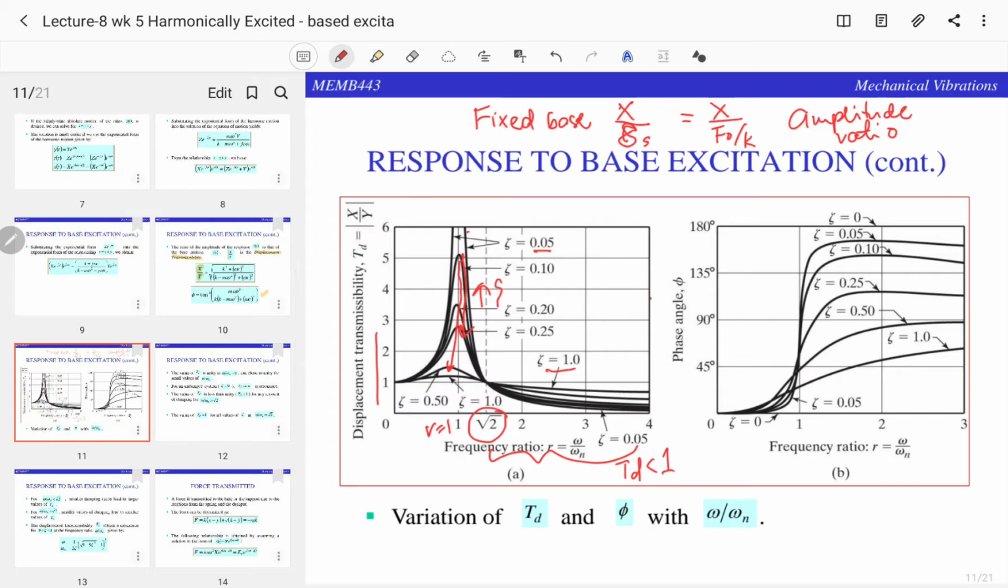For the phase angle, there is also an inflection point here, but it's shifted a little bit. Last time it was at 90 for fixed base, but for this base excitation, it shifts not at one point but at a relatively different point depending on your damping, or zeta.